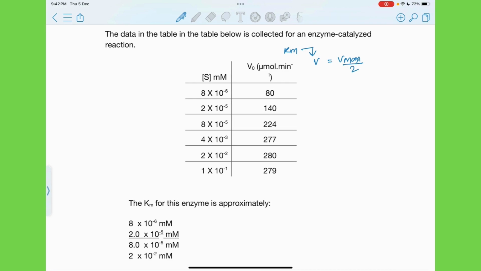The highest V naught value, that Vmax, is 280 here, and half of this will be 280 by 2, that is 140. 140 comes here. So this is the value where the velocity is half of Vmax. So the Km value will be this, 2 into 10 to the power minus 5, option number B.